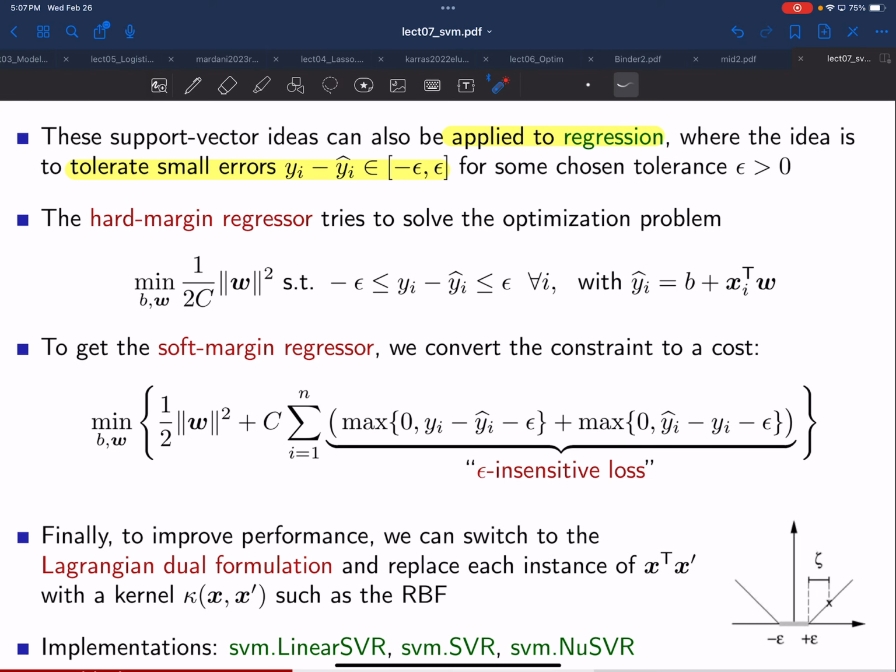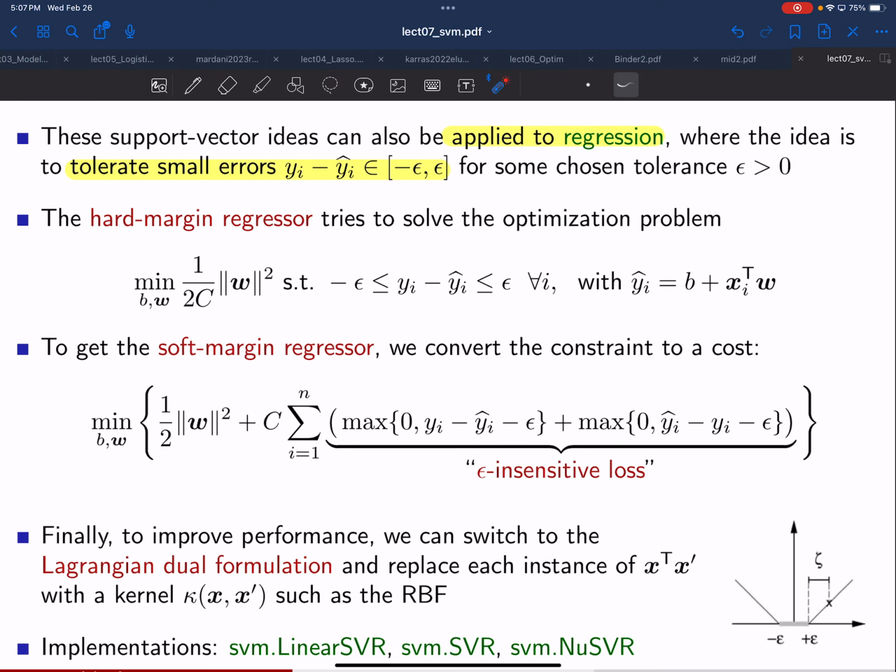So basically, if you want to do this, the hard margin regressor looks like this. It's minimize this term just like we saw before. All that changes is the constraints. Minimize this such that your errors are somewhere between minus and positive epsilon.